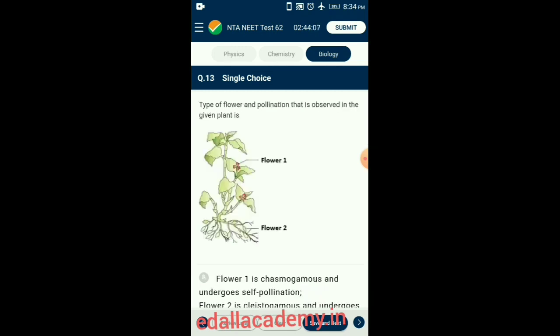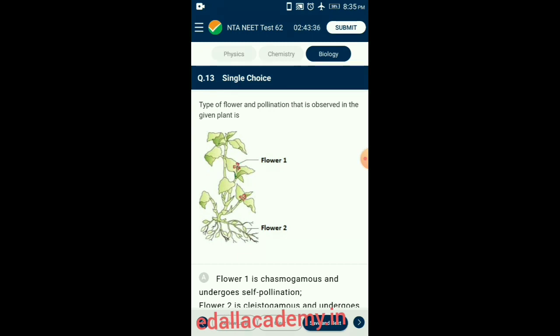Question number 13. Type of flower and pollination that is observed in the given plant is? Cleistogamous flowers never open, and in them only self-pollination operates. In Commelina benghalensis, commonly called Kankua, the underground flowers are cleistogamous, in which self-pollination takes place.